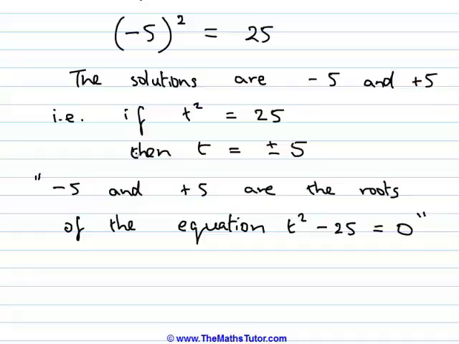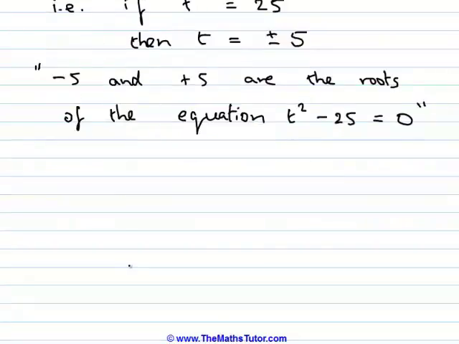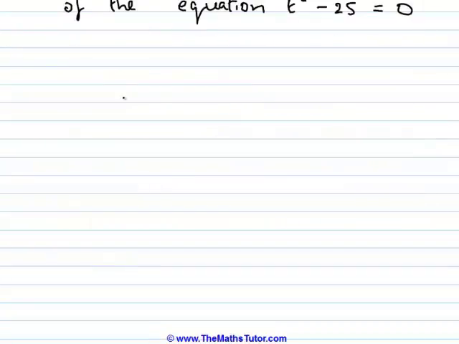So far so good. But what about a quadratic equation with an x term? Like x squared minus 5x plus 6 equals 0. So we've got this x term. It's not so easy to see how to isolate the variable in this case.